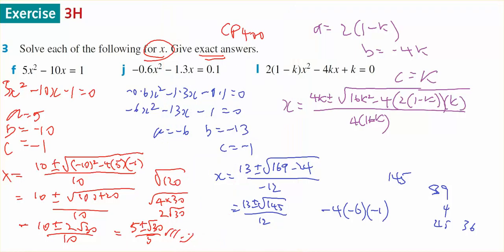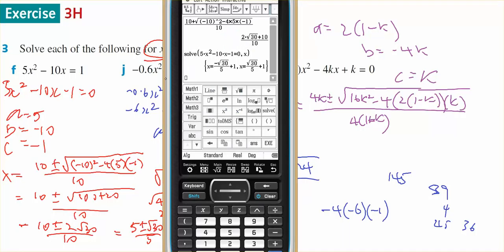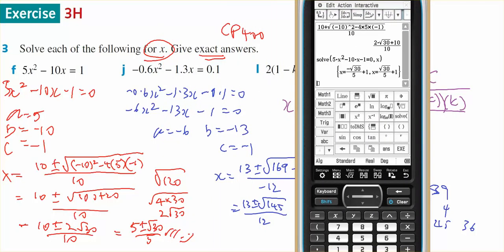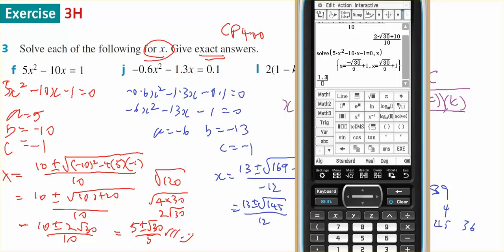So if I was to do the same thing for the second question, if I wanted to use the quadratic formula, I could do the quadratic formula and I would get x equals, so if I bring up fraction, minus b, so 1.3 plus or minus, well, I'll just do plus on my calculator, square root.